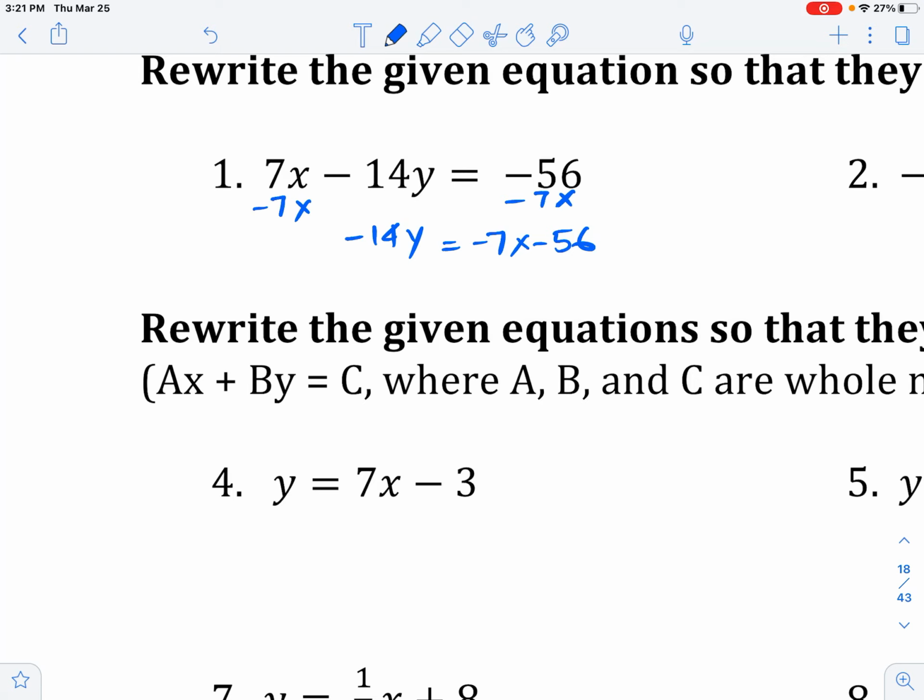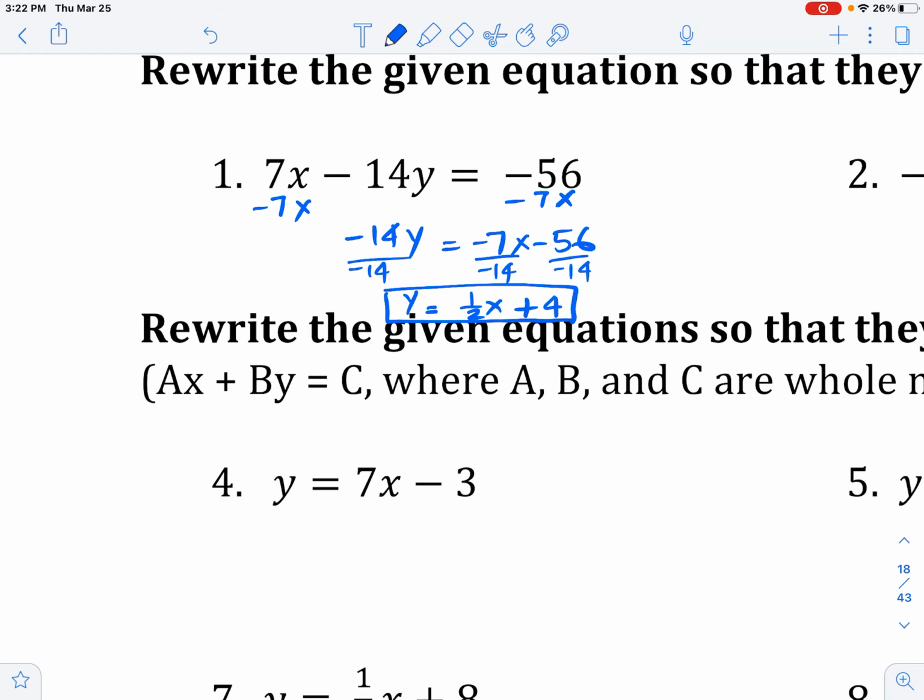And then I have to isolate y, so I need to divide both sides by negative 14. My final answer is y equal to negative 7 over negative 14, which is half x, and minus minus will turn into plus, and 56 divided by 14 is 4. So that's my answer.